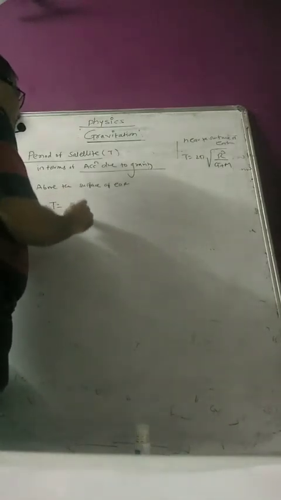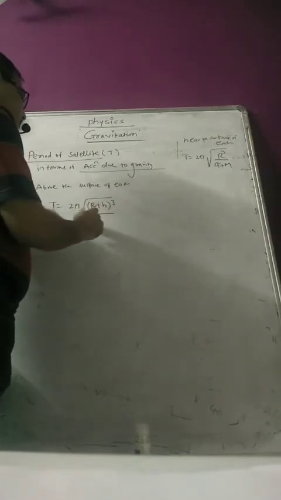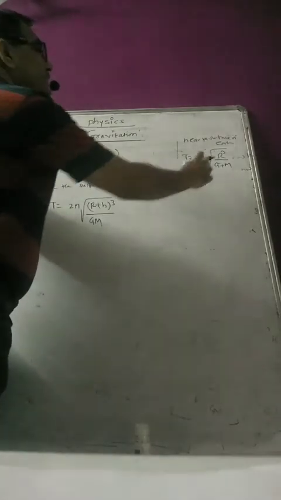Okay, मग मुलांनो आपण आता above the surface of earth, काय लिहिलं रे टाइम पिरियडचं इक्वेशन, T is equal to, what is the expression for T, that is equal to 2π under root of (R+h) raised to 3 upon GM.